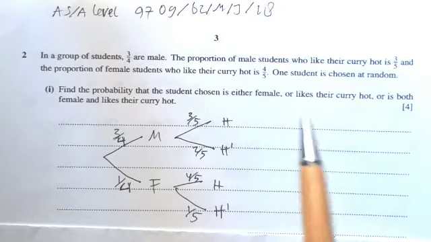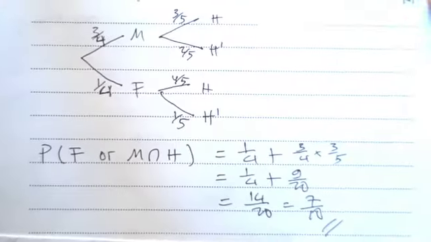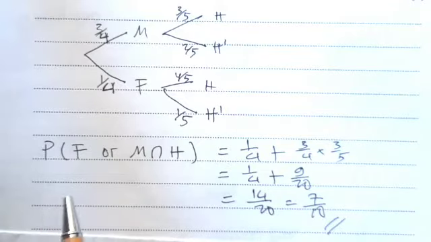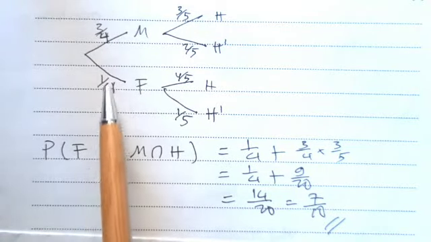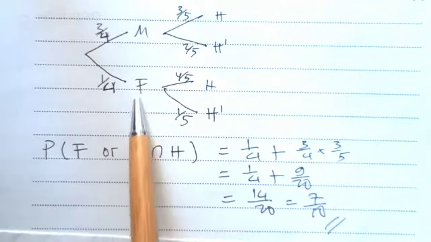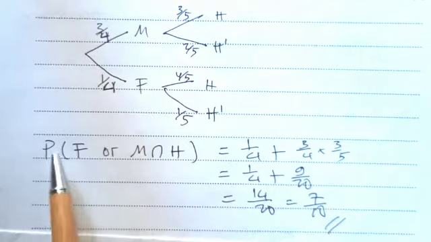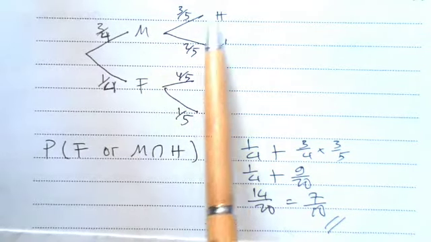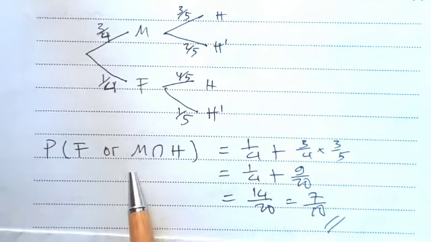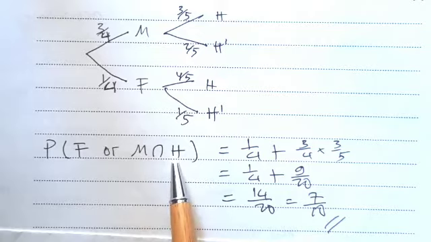That is the probability of female, or the probability of male intersect hot.